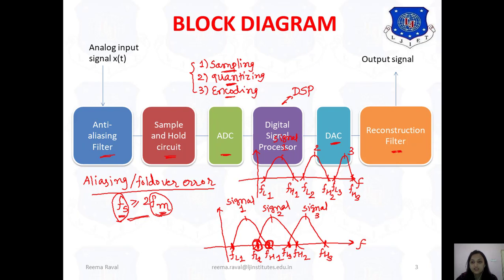Then it will give it to the next block, that is the reconstruction filter, which will remove the noise or unwanted components from the received signal, and it will give the output signal, that is analog in nature. Okay, so these elements are important for you to understand, and it is also important to understand the role of each and every block. Okay, so I hope this is clear to you now.